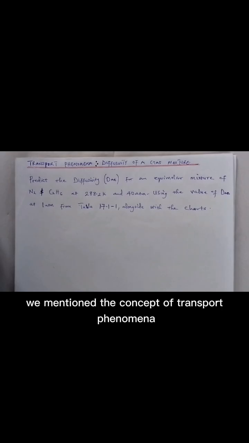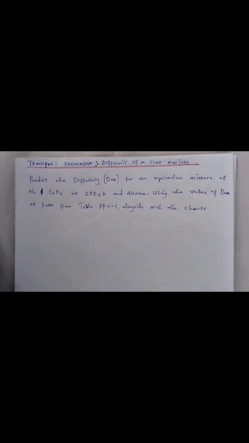In the last video, we mentioned the concept of transport phenomena. We explained the types of transport phenomena, which are mass transfer, momentum transfer, and heat transfer, and also their coefficients.